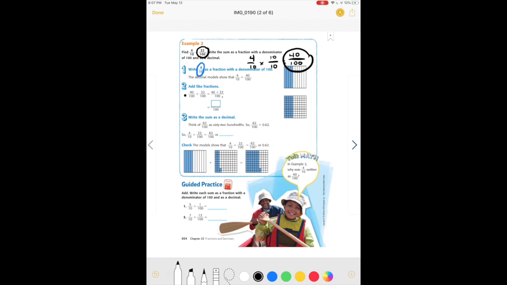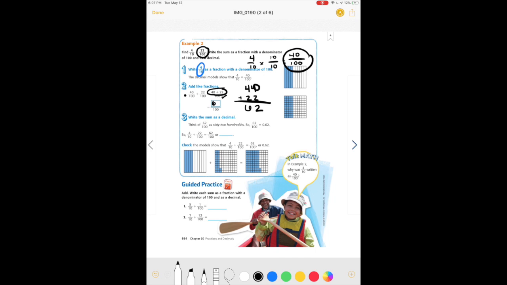Adding like fractions, we know how to do that. We keep the denominator the same, and we add the numerator. If you need to write it vertical, go ahead if that's what's going to help you. Oh, sorry, this should say 40. So 0 plus 2 is 2. 4 plus 2 is 6.